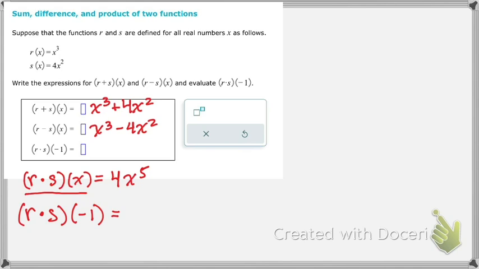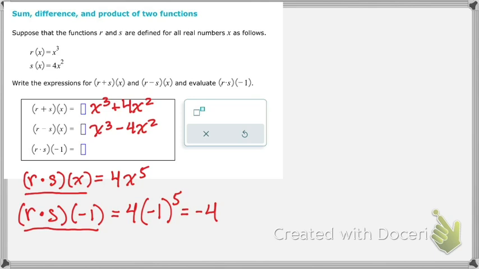And then if I want to know what's r times s of -1, you see the -1 is getting substituted for x. So I'm going to substitute the -1 in here. That gives me 4 times -1 to the 5th. -1 to the 5th is -1, so that's -4. All right, so that's one way of approaching this. You can look at that and copy that down.